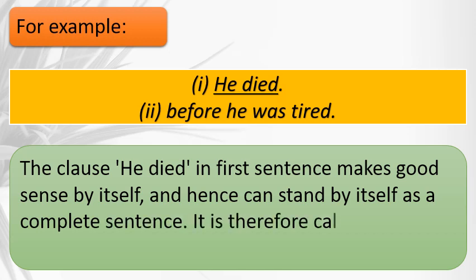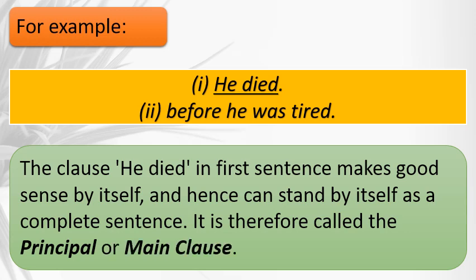It is therefore called the principal or main clause, or you can say the independent clause. So, an independent clause or main clause functions on its own to make a meaningful sentence.